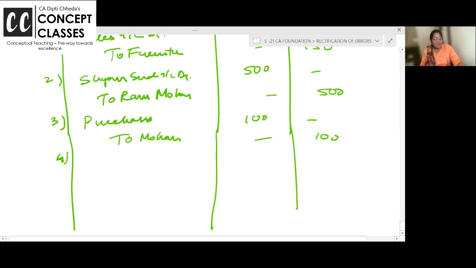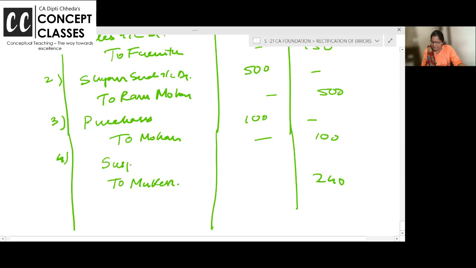Fourth problem. A return of 120 from Mukesh posted to his debit side. 120 is returned from Mukesh. Okay. So Mukesh should be credited, no? You have debited. So now you credit Mukesh with double the amount. What is that double the amount? 240.